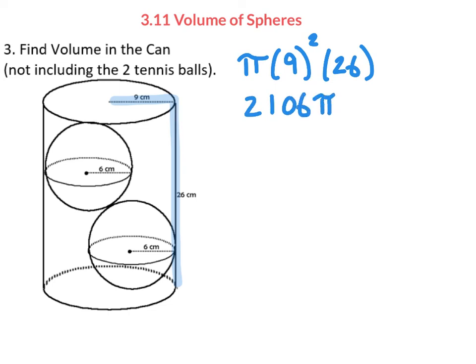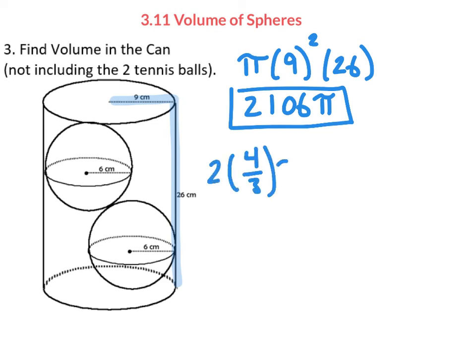This gives us 2,106 pi. Now that is the entire can's volume. We have 2 tennis balls inside of the can. They are 4/3 pi, their r is 6, squared, and cubed. What am I saying? Cubed. There was almost the trick, right? And that is 576 pi.